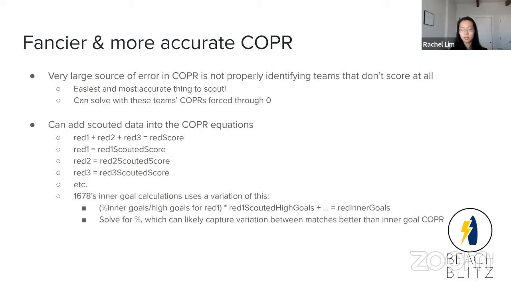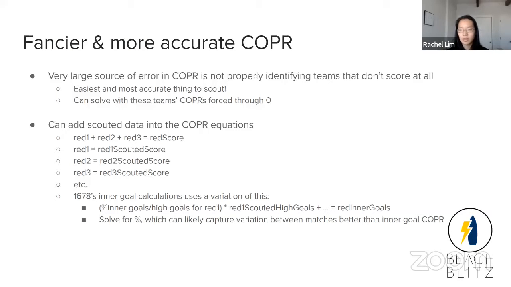So the simplest way to do this is, we talked about how the OPR equation assumes that the 3 teams on the red alliance's OPRs sum to their alliance score. From your scouting data, you know that red one, the first team's OPR should be equivalent to the value that you scouted.